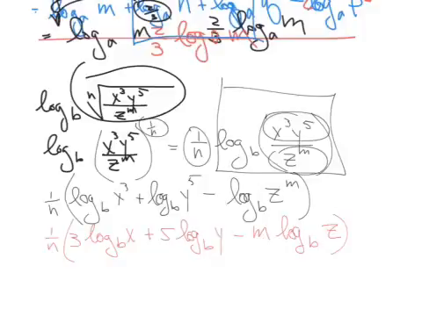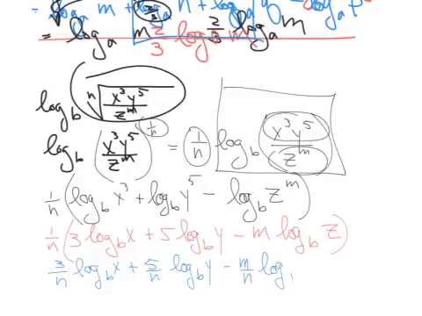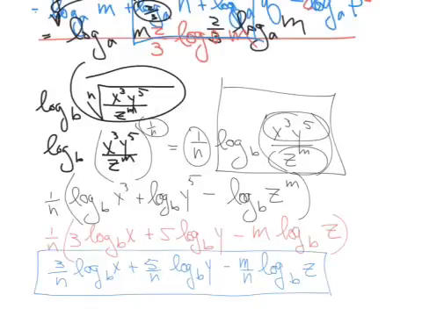Now the only other thing for me to do, since these are all simplified, is to distribute that. So I'm going to distribute that, and I'm going to get 3 over n log base b of x plus 5 over n log base b of y minus m over n log base b of z. That is supposedly that simplified. Okay? So that's it for video 9.2c.